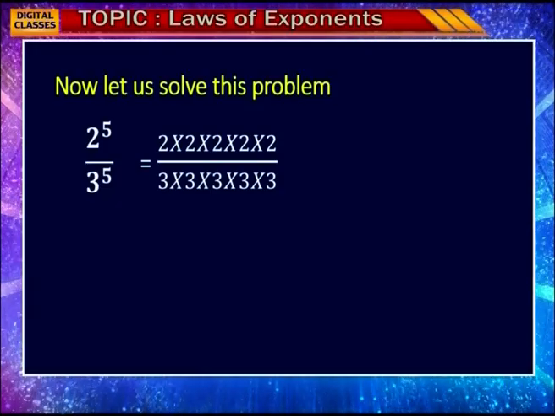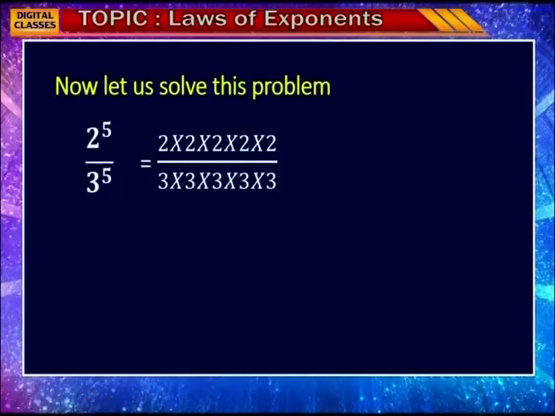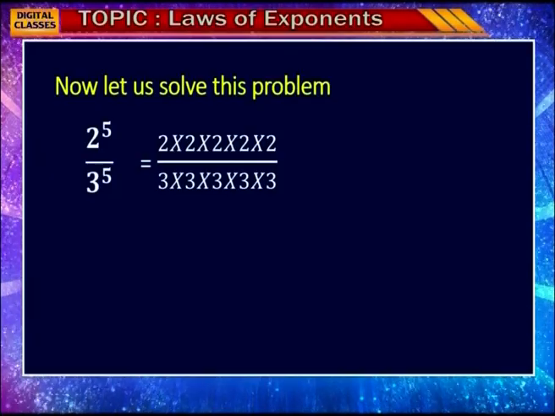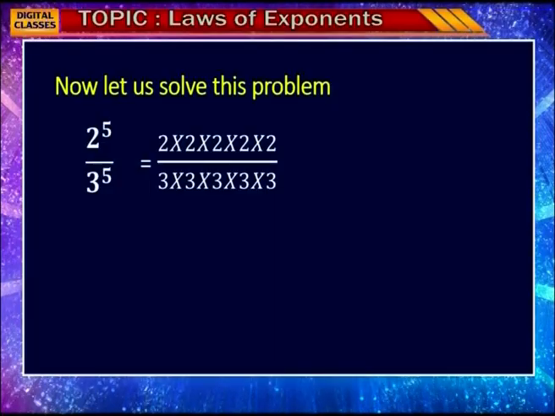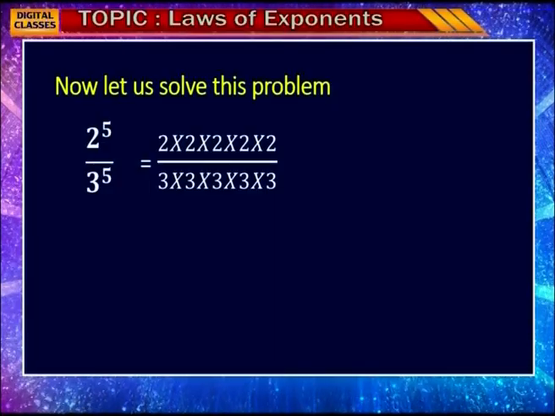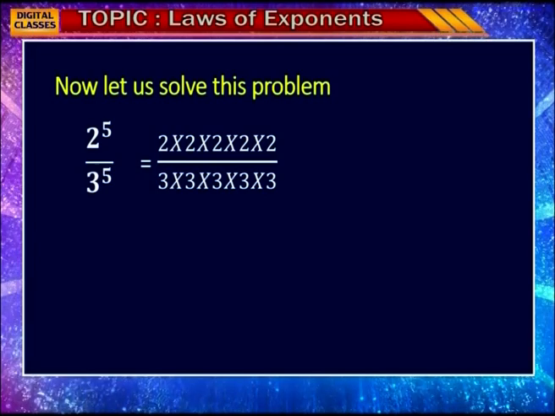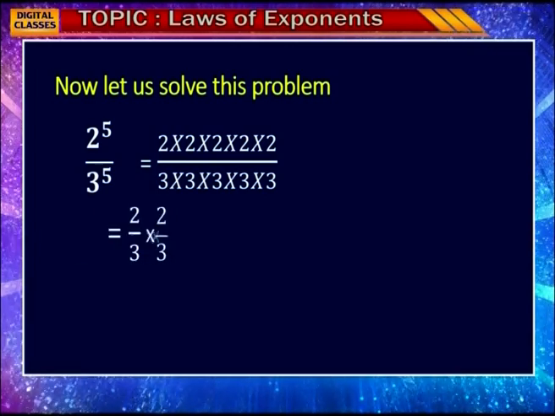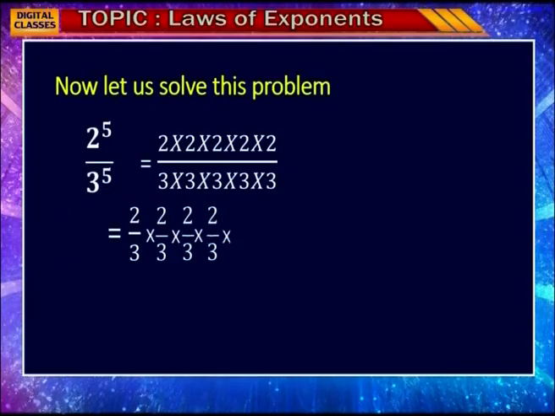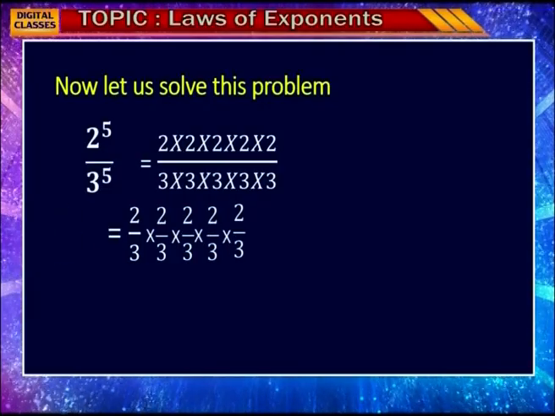2 to the power of 5 can be multiplied 5 times, like 2 into 2 into 2 into 2 into 2, like this. And in the denominator also 3 to the power of 5 is there. So, 3 is multiplied 5 times. Now, we will separate them like this: 2 by 3, 2 by 3, 2 by 3, 2 by 3's. How many are there?